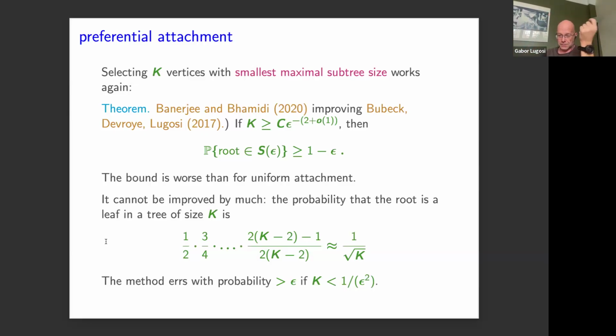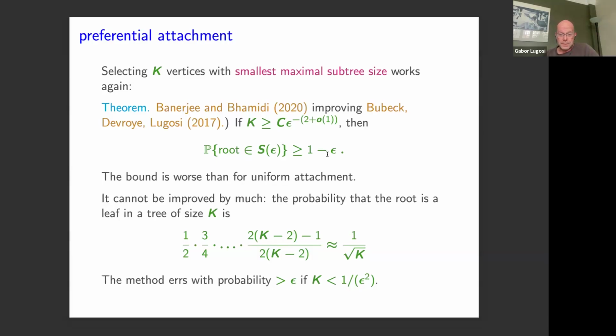The probability of attaching to Adam is only 1/4. So after k steps, the probability that Adam is still a leaf is not 1 over k; it's 1 over square root of k. So it's much larger. So Jordan centrality is not going to work unless the size of the tree is bigger than 1 over epsilon squared.